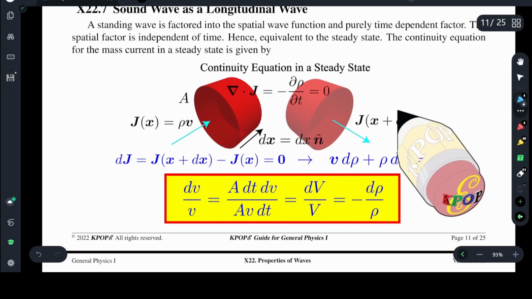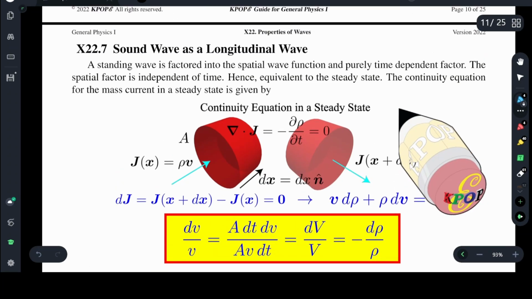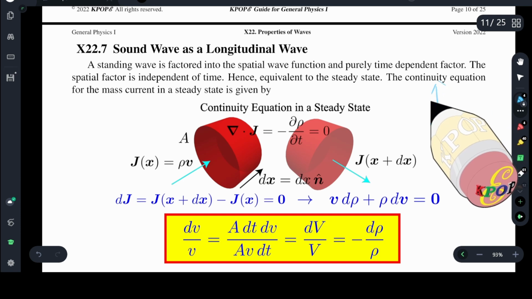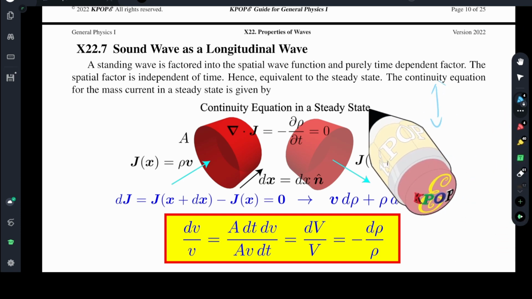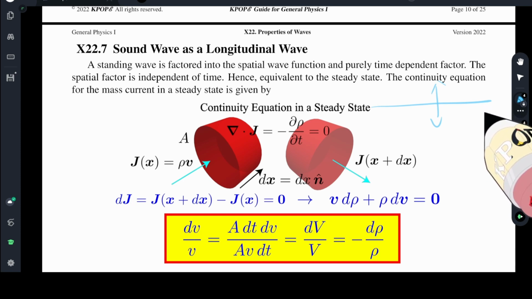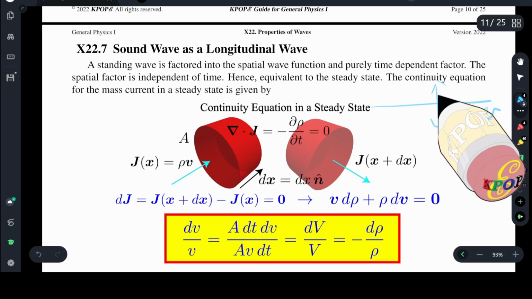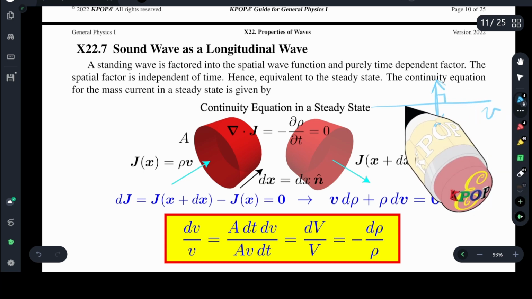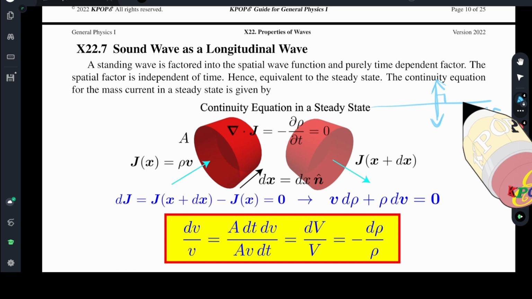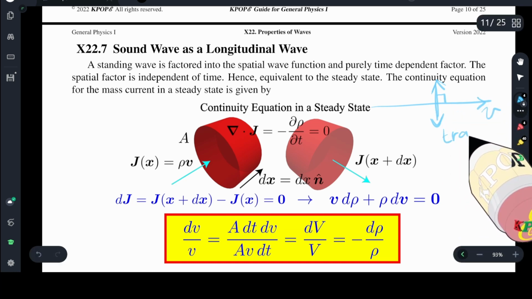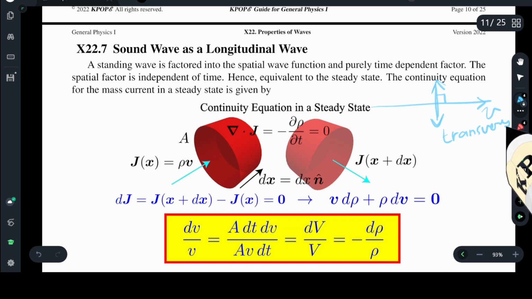Sound wave is a kind of longitudinal wave. If we choose the direction of propagation as the horizontal direction, a wave that oscillates perpendicularly to the direction of wave propagation is called a transverse wave.